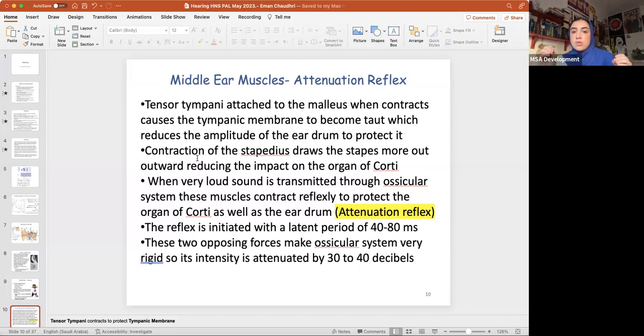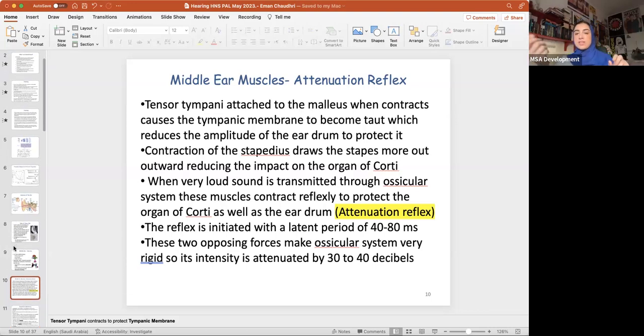Then remember that you have the stapedius. And remember that you have the malleus, incus, and then the stapes, and then over here is your vestibular apparatus and cochlea, basically your inner ear. So at the inner ear, you have this oval window over here where your stapes is.